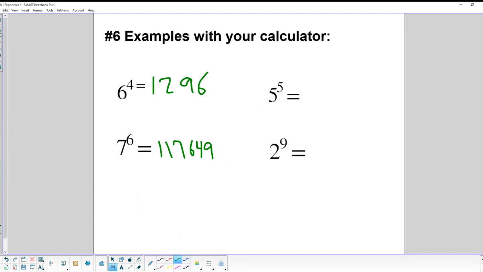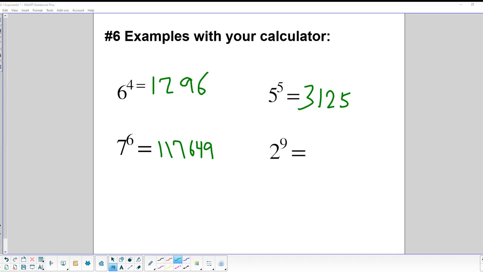So the next one, 5 to the 5th power. Let's clear our old result. Now 5, upper caret, 5 to the 5th power, enter. So that's 3125. And then 2 to the 9th power. Let's do that one. Clear out our old result.